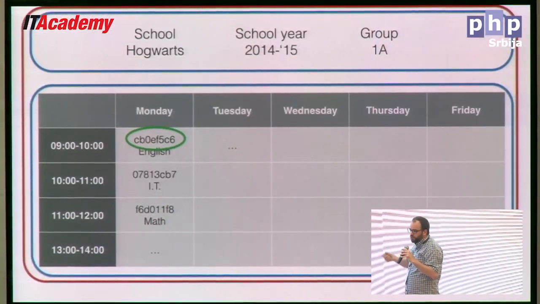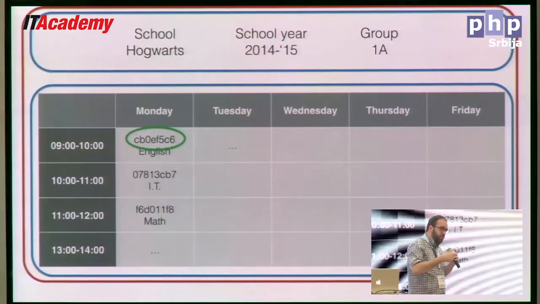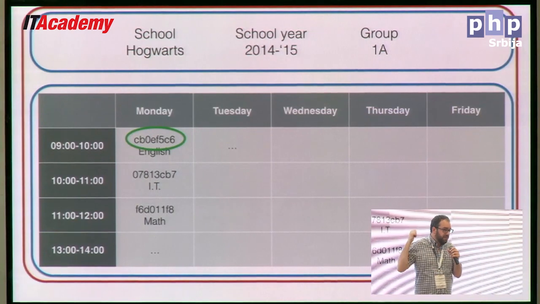So we still have some problems here. This is all still very static. We're basically assuming now that there will be only one lesson schedule for one class in one school year in one school. In reality, it's not always like this. So we could improve this model, and now we're at the point that we need to ask ourselves, is this still a value object?